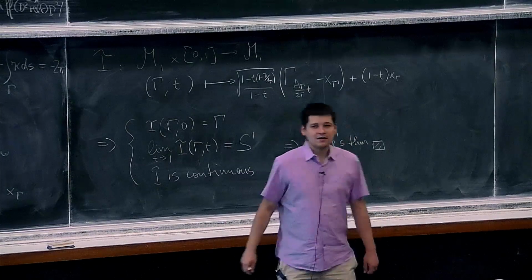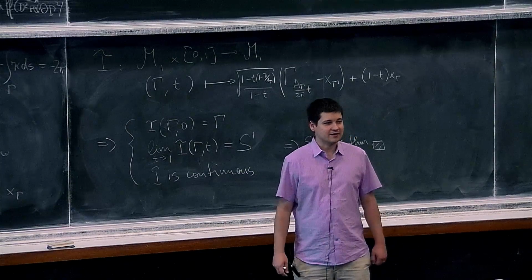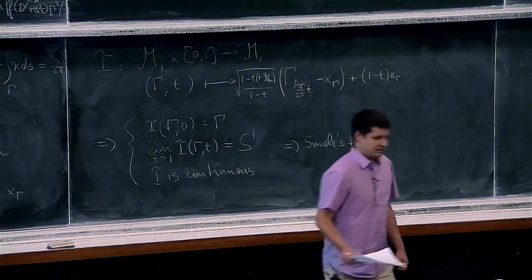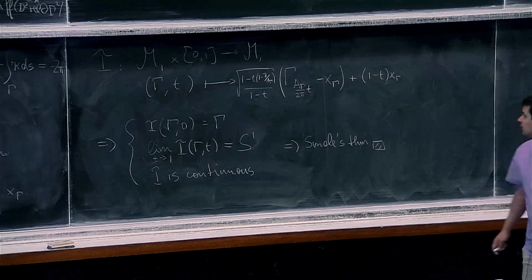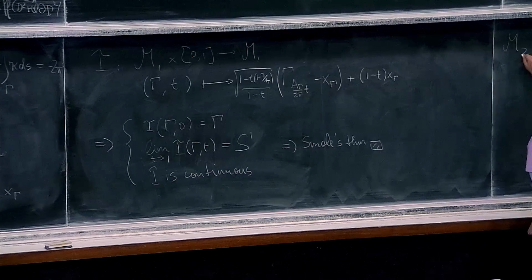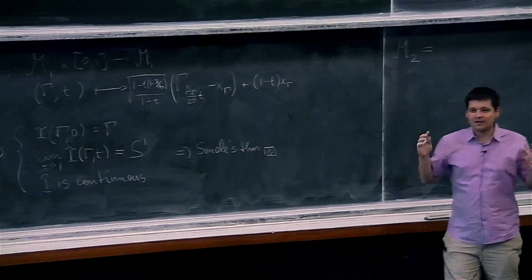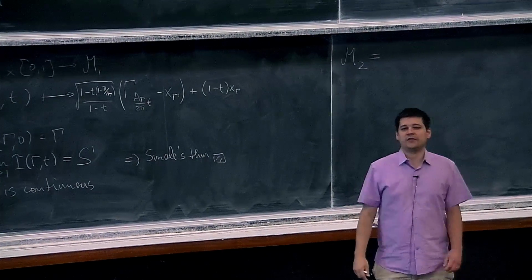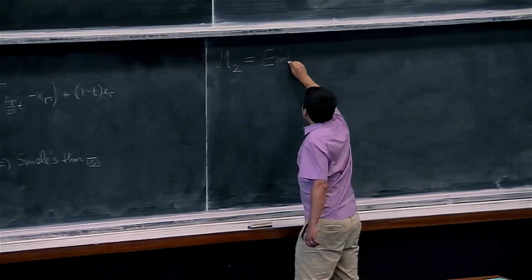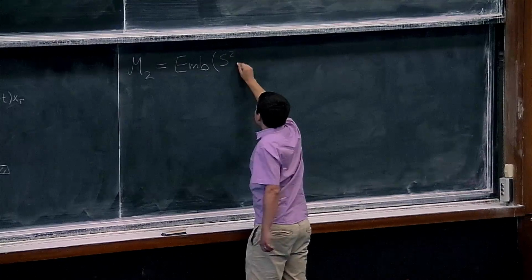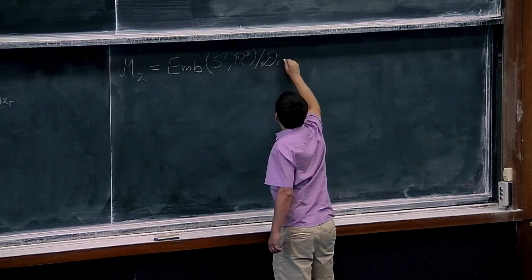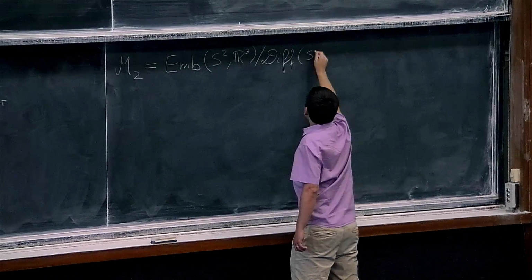Okay, good. Any questions about circles in the plane? Okay, if not, then let's move on to M2, which is the space of embedded two-spheres in R3. In other words, the quotient space of embeddings of S2 into R3 modulo the diffeomorphisms of S2.